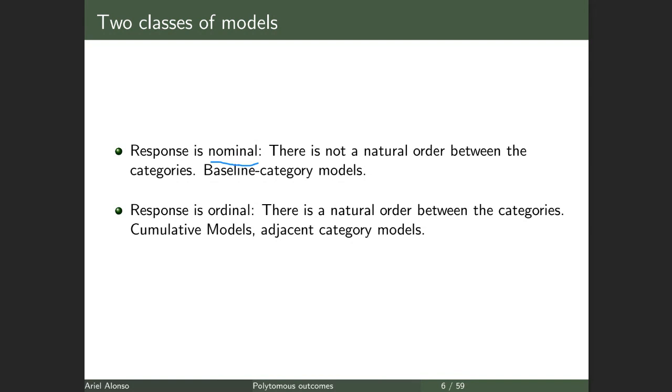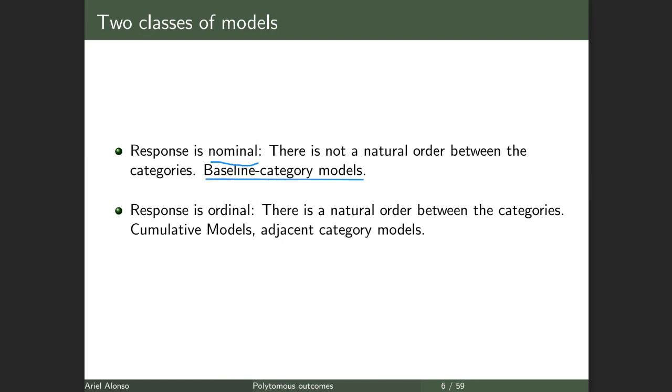There is not any order in these outcomes. You can code the outcomes, say that Flanders is 1, Wallonia is 2, and Brussels is 3, but these numbers do not have any quantitative interpretation. If that is your case, then you can use something that we are going to call the baseline category model. And that's the first model we are going to see here. The baseline category model is for when the different categories of your response are not ordered.